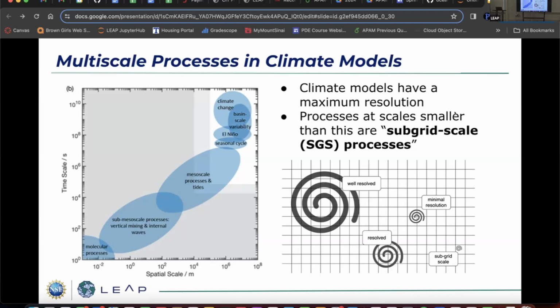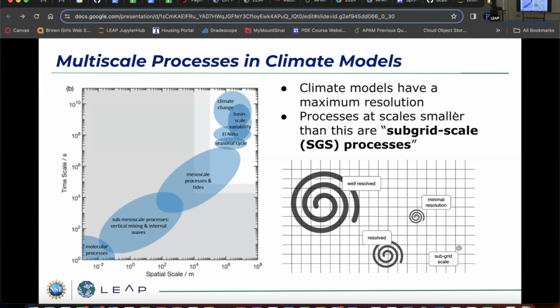So this is actually an image of a bunch of different processes that happen often in the ocean at a variety of different spatial scales. And the ones that climate models really struggle to pick up on are typically some of these sub-mesoscale processes, the smaller ones, and molecular processes. So when we have processes that are smaller than the climate model's maximum resolution, we call those processes subgrid scale processes.